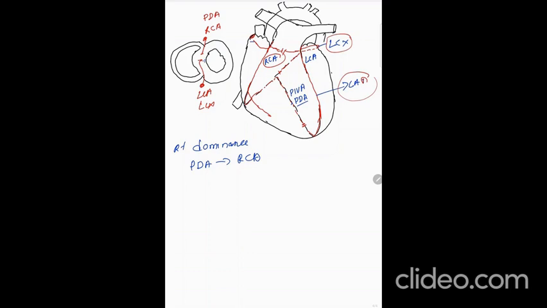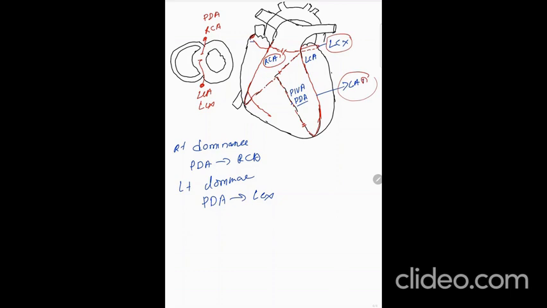In a left dominance, the PDA is a branch of the left circumflex artery, LCX.